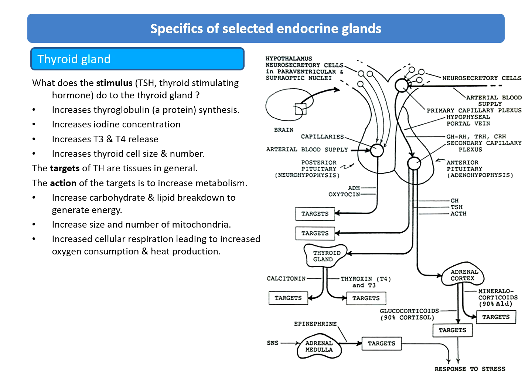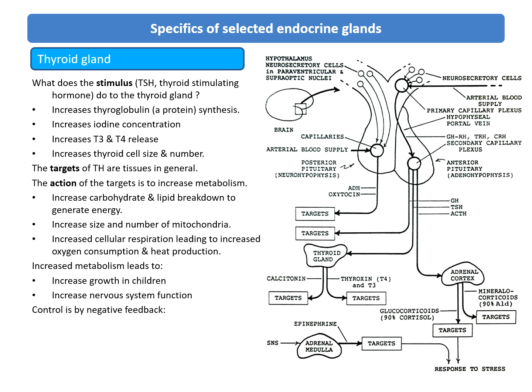They increase cellular respiration, leading to increased oxygen consumption and heat production. Increased metabolism leads to increased growth in children, increased nervous system function, and it's controlled by negative feedback mainly. An increase in thyroid hormone results in a decrease in TRH release from the hypothalamus.